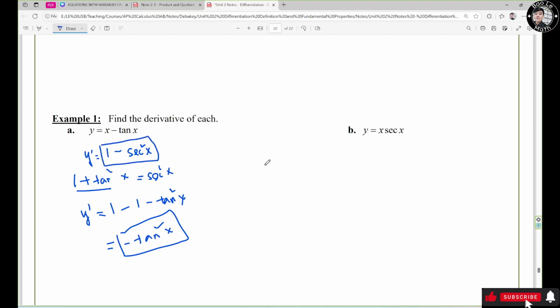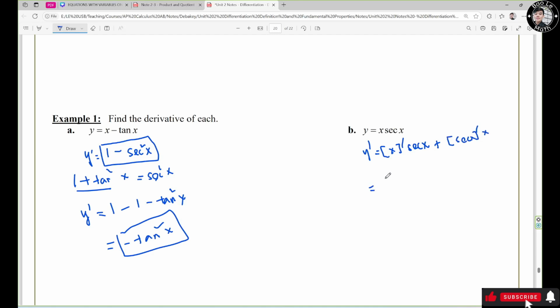Now question B, y prime equals, we're going to use the product rule, right? So it could be the derivative of x times secant x plus the derivative of secant x times x.